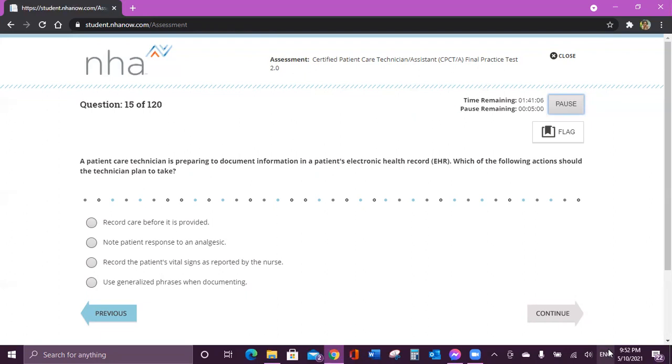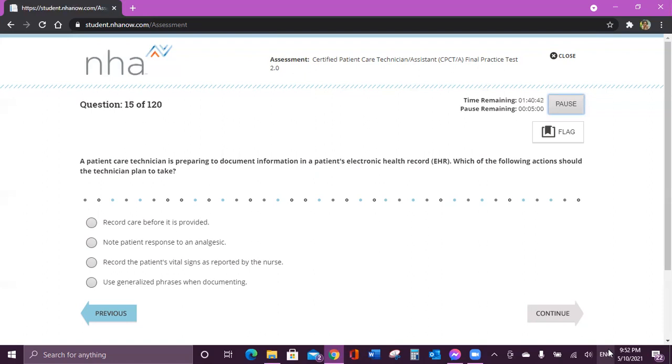No. Record the patient's vital signs as reported by the nurse. Use general phrases when documenting. General phrases? I don't get it.